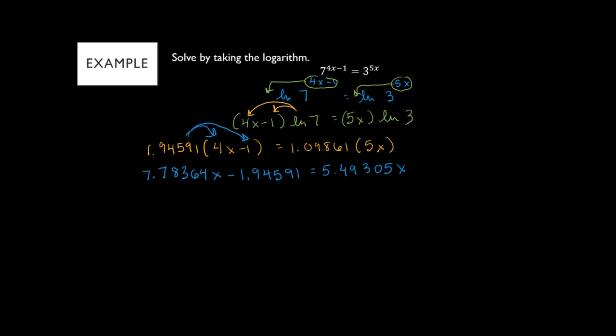So now I'm solving for x. And I know it looks messy because we've got all these decimals, but the solving steps are the same. I'm going to move the x that's on the left to the right so that I have my x's on the same side. So I'm going to subtract 7.78364x from both sides.